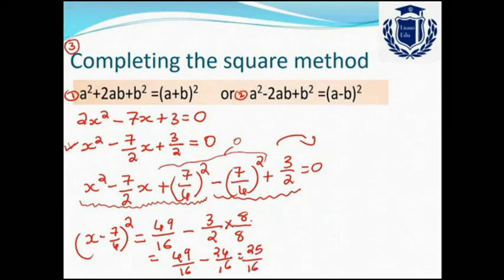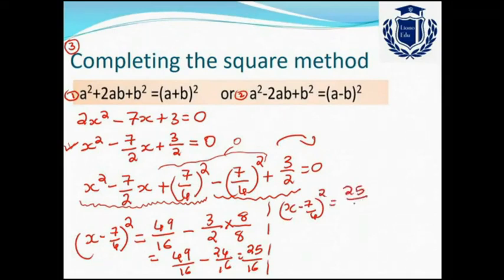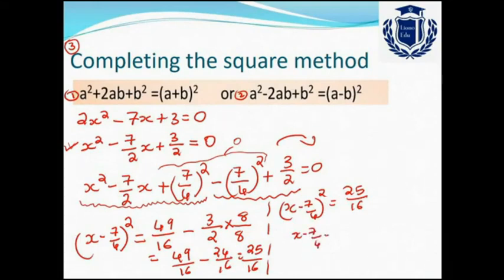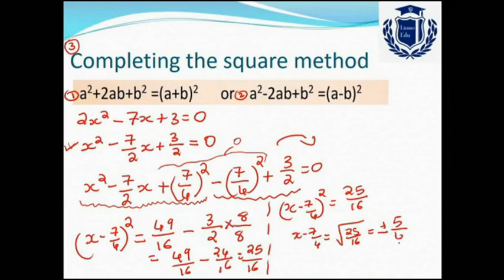Am I correct? So you got that (x minus 7 by 4) the whole square is equal to 25 divided by 16. So x minus 7 by 4 is equal to the square root of 25 by 16, that is plus or minus 5 divided by 4.